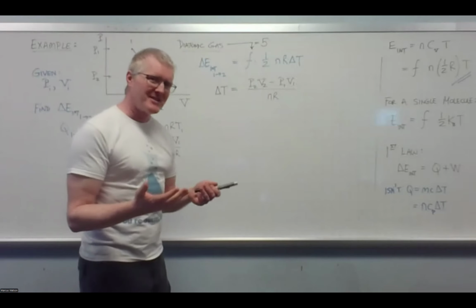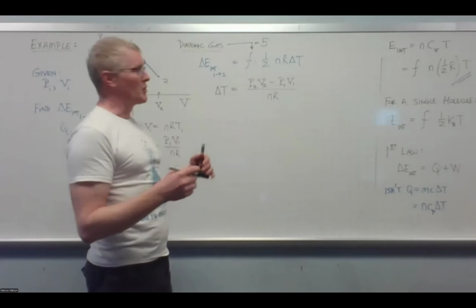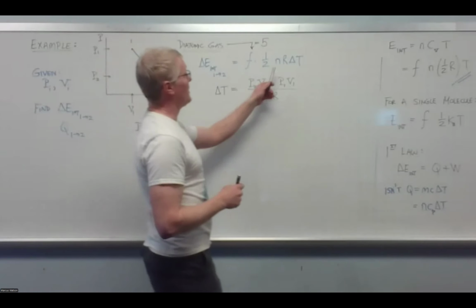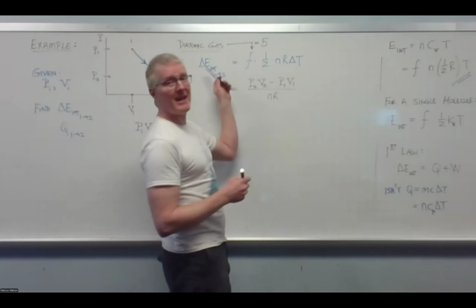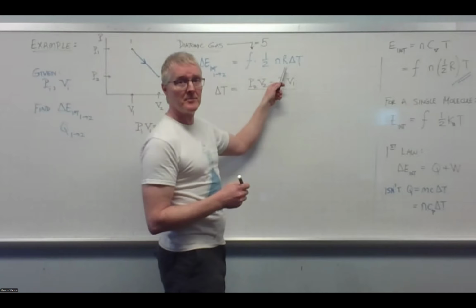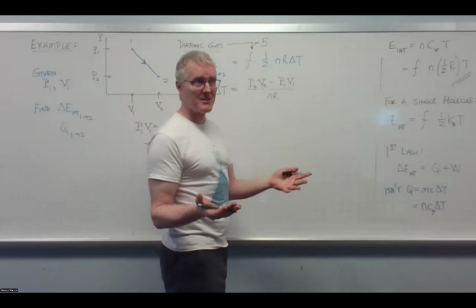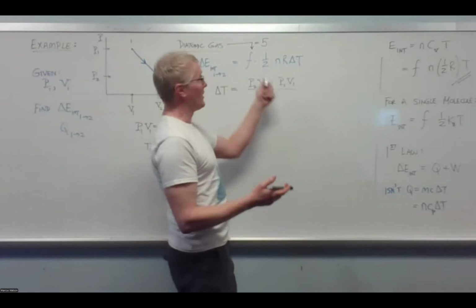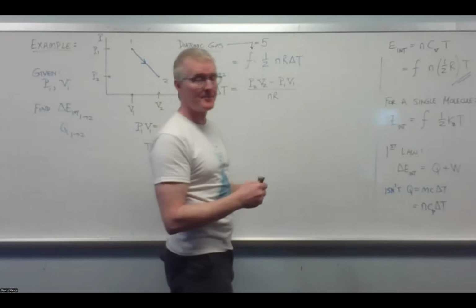Now you'd say, well, this is all fine and dandy. Could I have done that a little easier? Sure, you could have. You could have said, well, I know that the energy is nRT. By the ideal gas equation of state, the nRT is equal to the PV. So all I have to do is delta the PV.